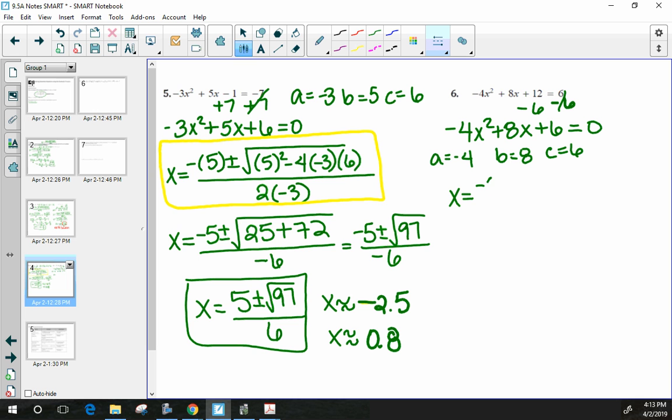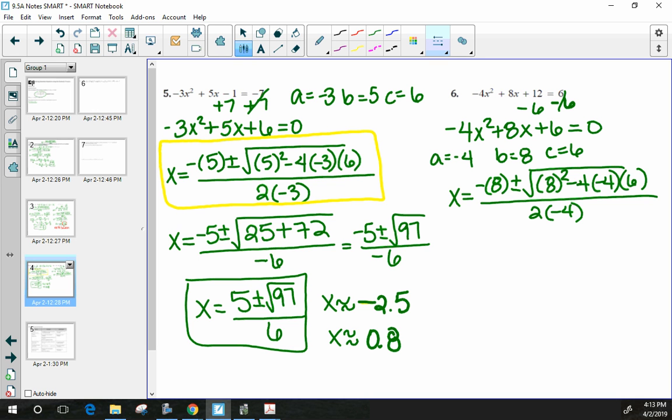So negative 8 plus or minus the square root of 8 squared minus 4 times A times C, and then all of that over 2 times A.